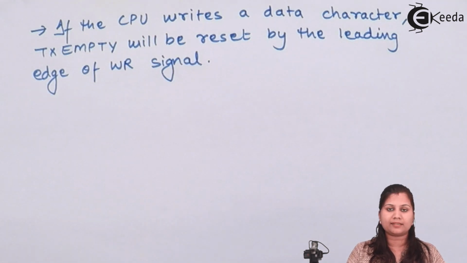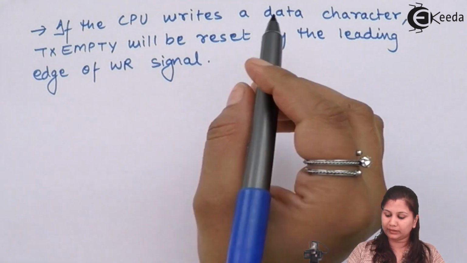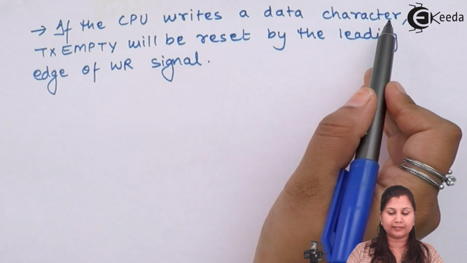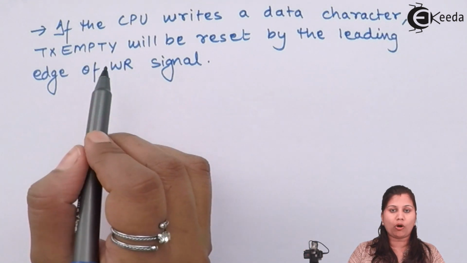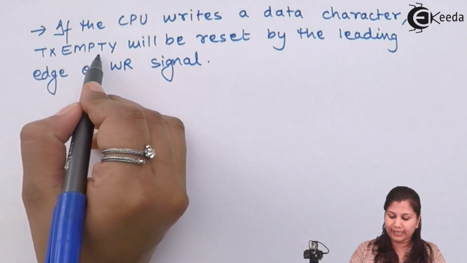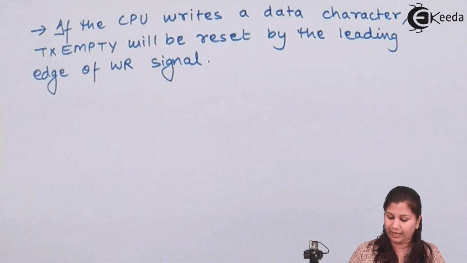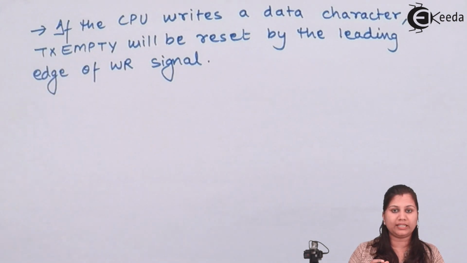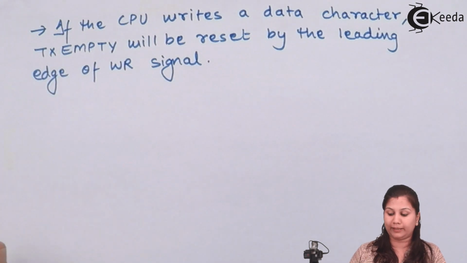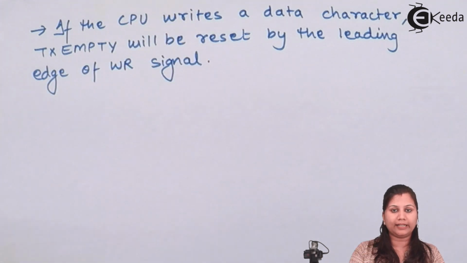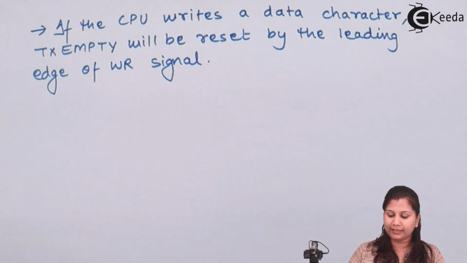Now when the microprocessor is writing the data into the 8251 IC, it activates the write signal. So the write signal will be activated when the CPU is writing a data character. This write signal will also reset the TX empty. TX empty was indicating that the transmitter is empty, but now the CPU is writing data into the transmitter, so at that time TX empty will be reset.